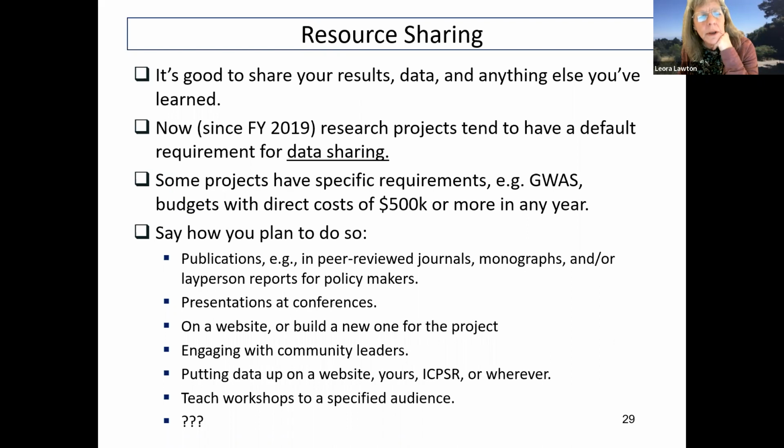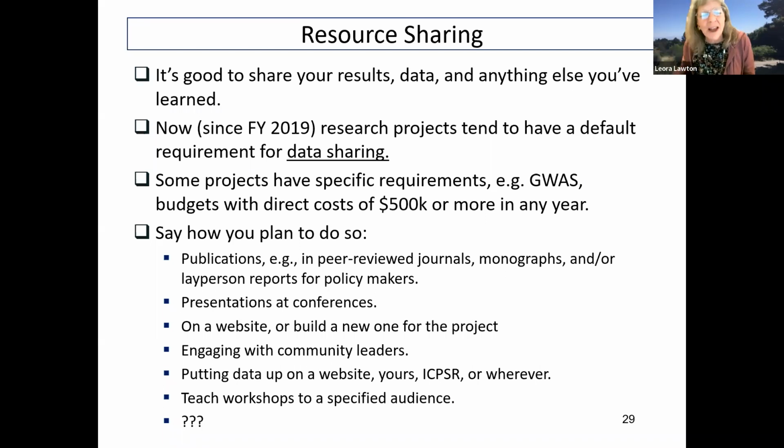Resource sharing. So a couple of places you share it: publications, presentations, on the website. Maybe you include in the proposal building a website. And that might be $5,000 for a simple WordPress one, and it might be $100,000 for one that has a detailed database and online analysis functionality, right?